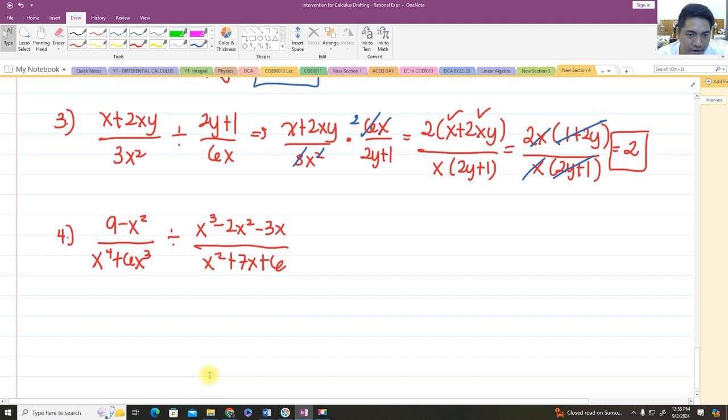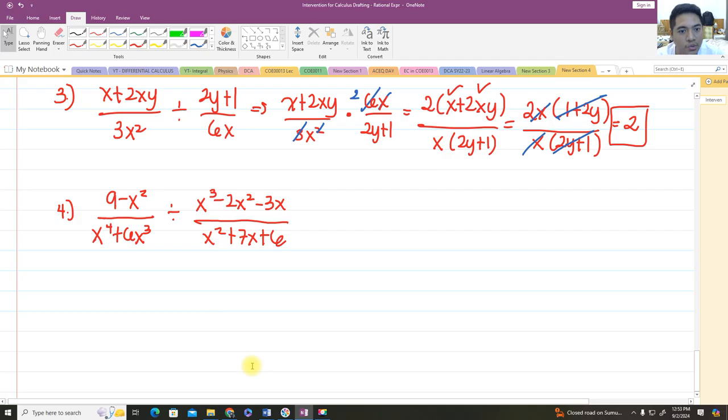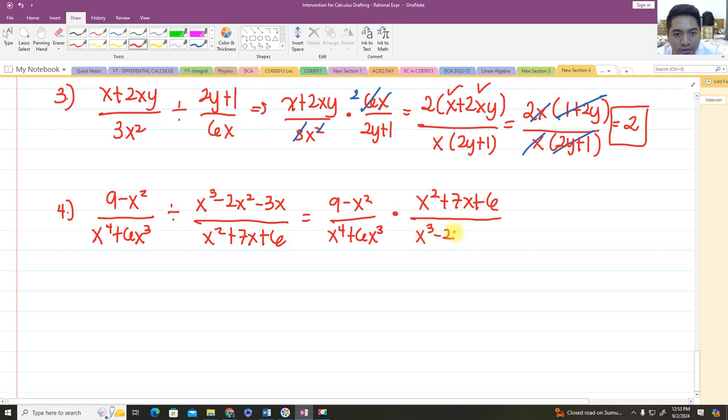The first thing we're going to do here is, again, we have 9 minus x squared all over x raised to 4 plus 6x cubed. Get the reciprocal of the divisor and then proceed to multiplication. So you now have x squared plus 7x plus 6 all over x cubed minus 2x squared minus 3x. So factor. First, we have 9 minus x squared, that's the difference of squares formula: 3 plus x, then 3 minus x.